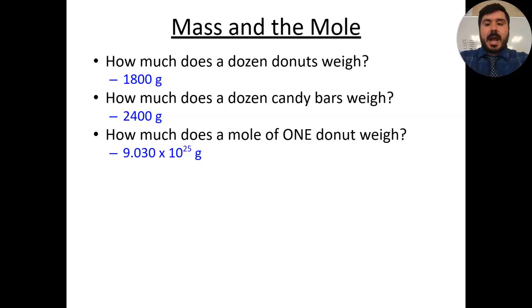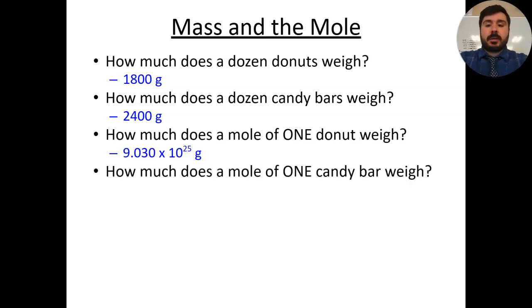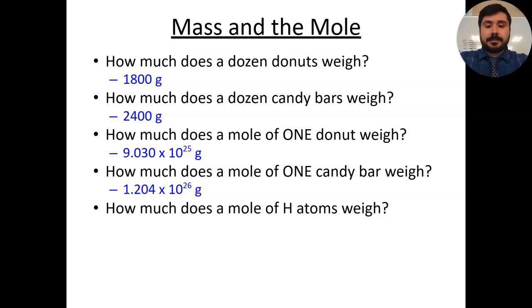That gets us 9.03 times 10 to the 23rd grams. That same thing extends to a mole of candy bars. That 200 grams times 6.02 times 10 to the 23rd gets us 1.204 times 10 to the 26th grams.